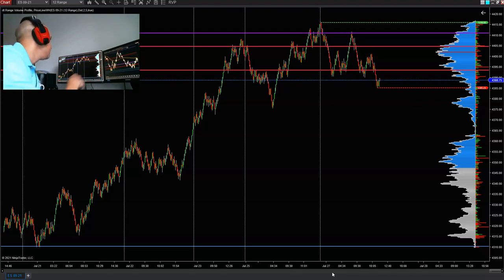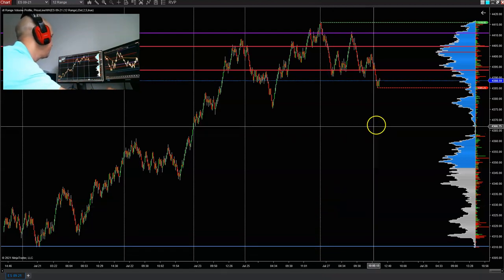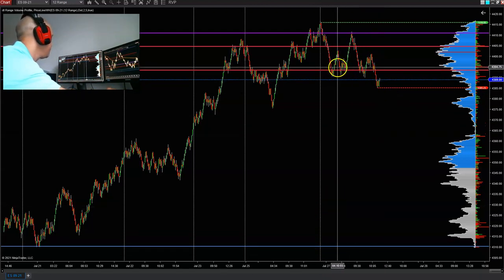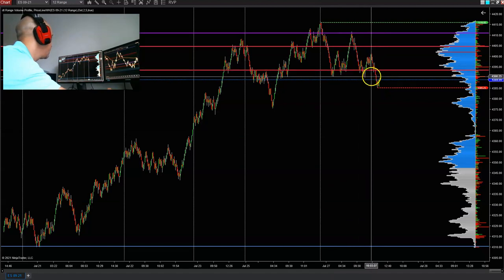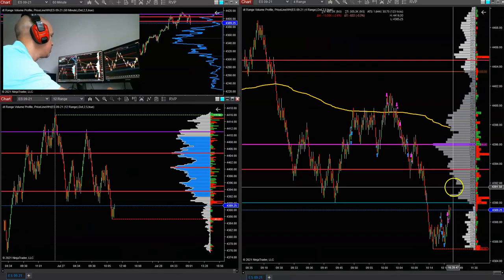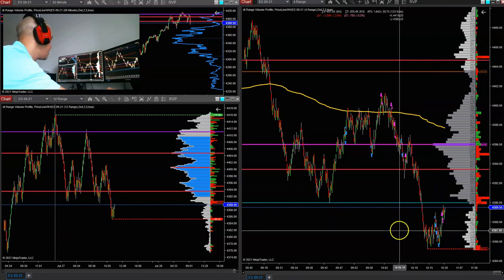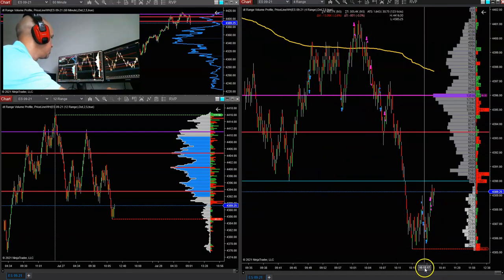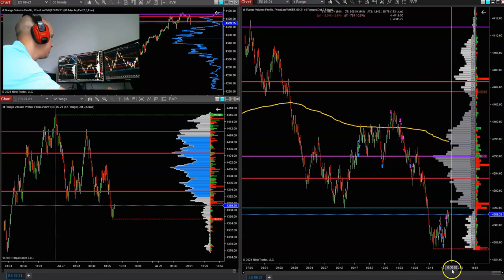I mean, this could be an area. Say, for instance, price just made this low here, pulled back, and is now making lower lows, and it's pulling back up and hit against resistance here. This could be a short sell, an area to go short at, no doubt about it. So it's just a matter of knowing how to do so.